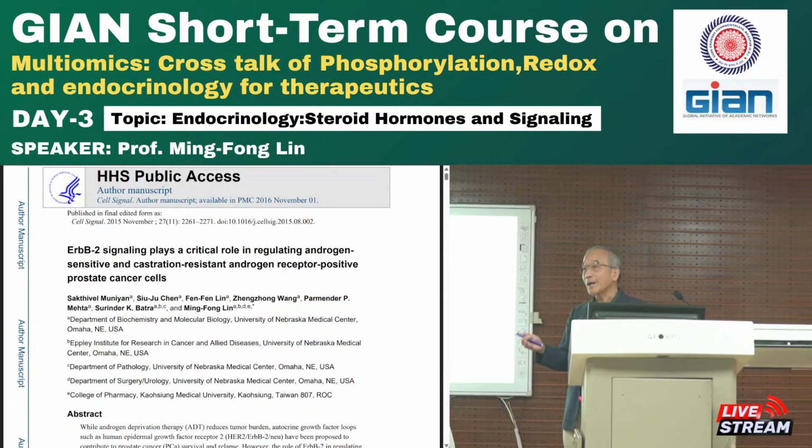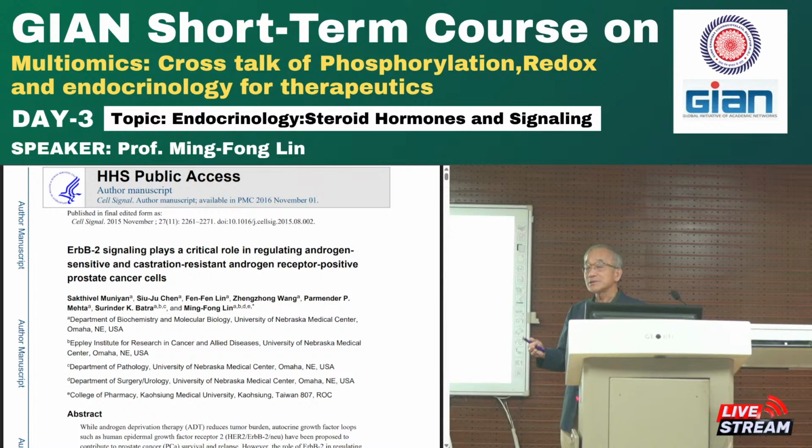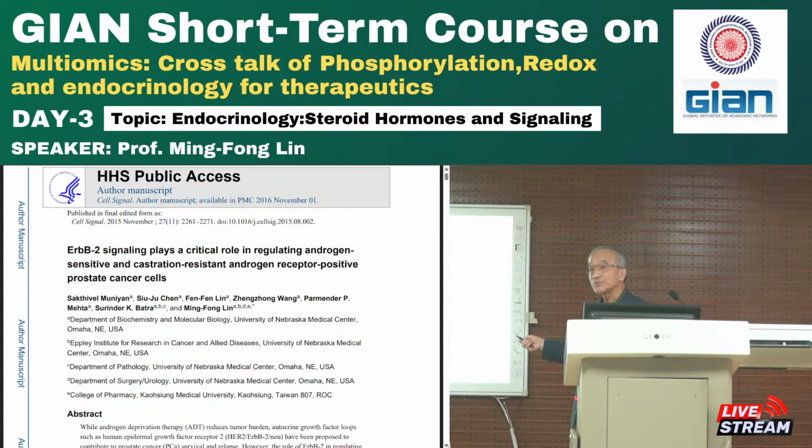So how can the cancer cell respond to such a low level of androgen in the circulation? Signal transduction pathway actually provides additional growth stimulation. Yeah, androgen is required. It's essential for their survival. Then the signal transduction actually gives them additional cell growth.